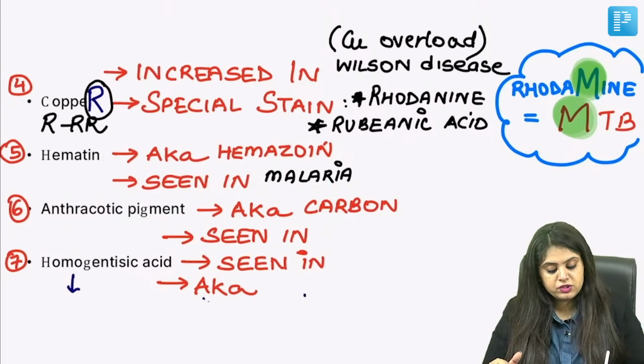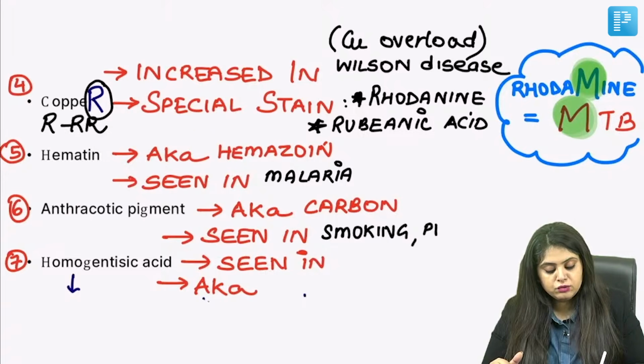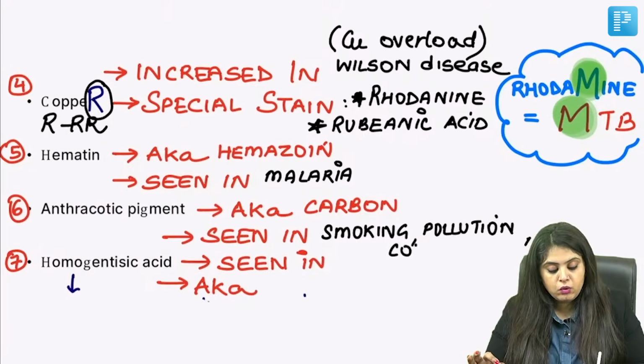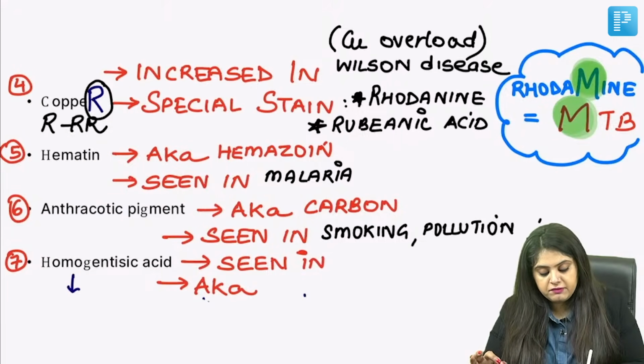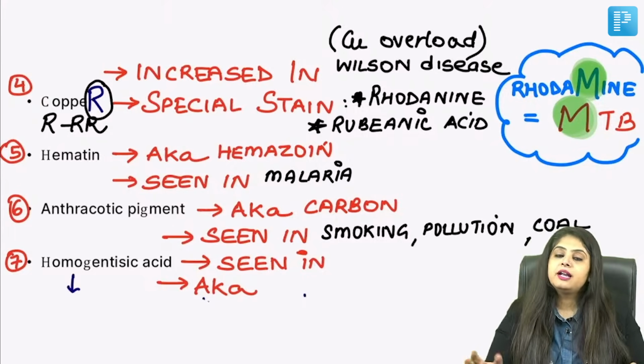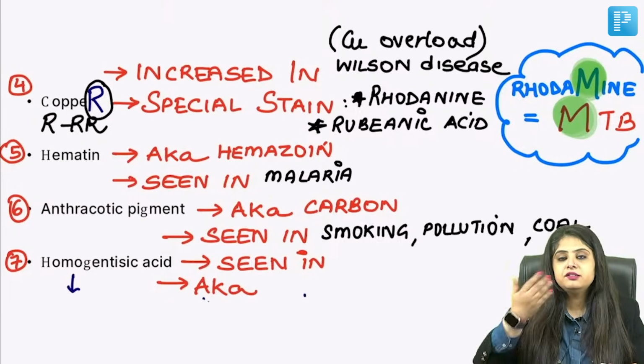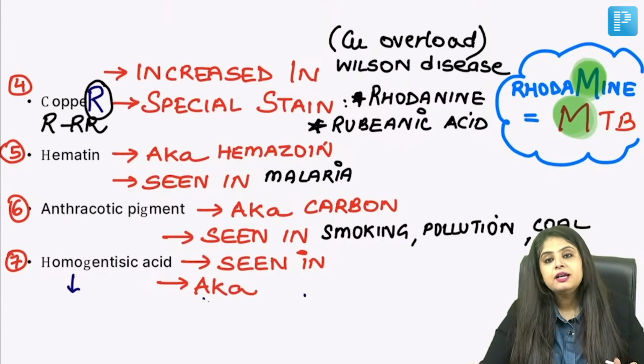So in which situation? Don't tell me situations like smoking and bad pollution. That is no disease, that is an environmental and habitual thing. Tell me a disease. Someone, ma'am, working in the coal industry. Yes, someone who works for 20 years in the coal industry, every day he is inhaling carbon, will end up having anthracotic pigment.